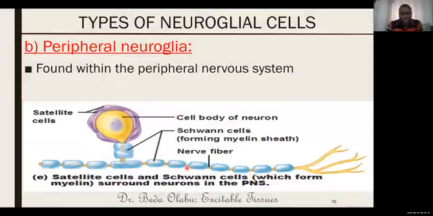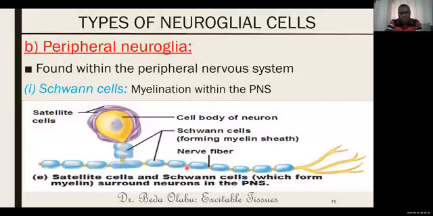Maybe before I go to that, I have perhaps highlighted the differences between myelination within the central nervous system and myelination within the peripheral nervous system. And I want three points to be clear to you.